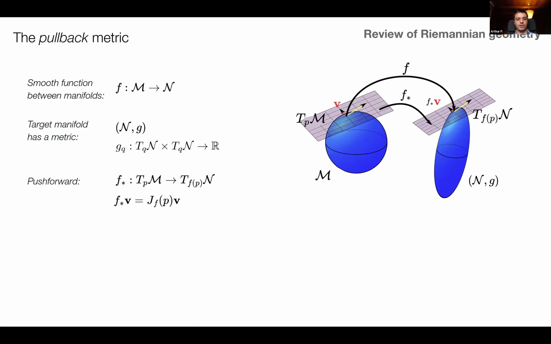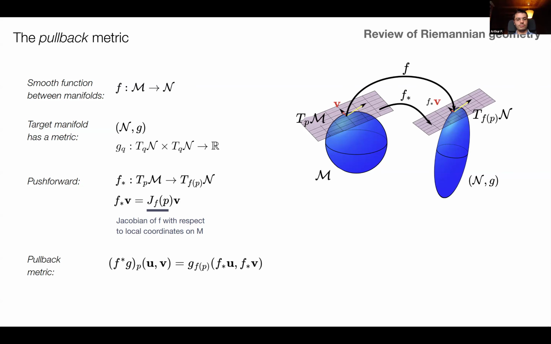In local coordinates, if you have coordinates on your manifold M, the way this push forward is represented is through the Jacobian of the function f. So you're just applying the Jacobian to your tangent vectors. Again, this is the Jacobian with respect to some local coordinates on the manifold M. Now to define the pullback metric, like I said, we have all the ingredients that we need.